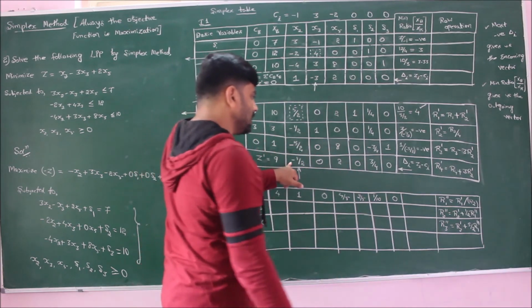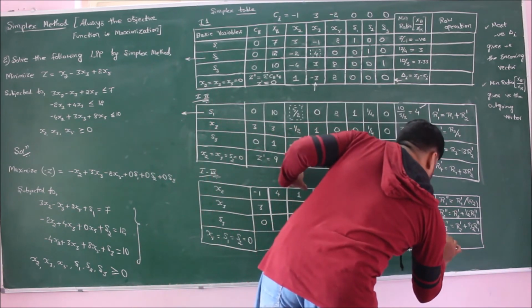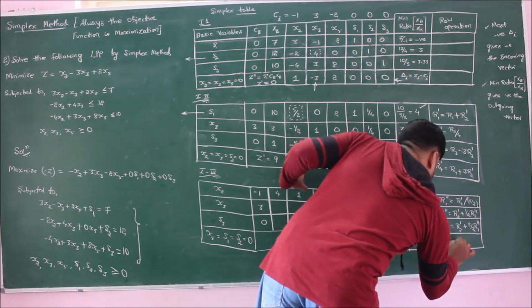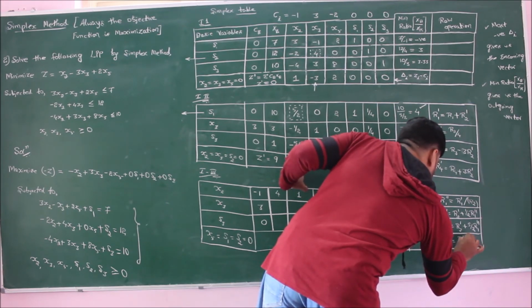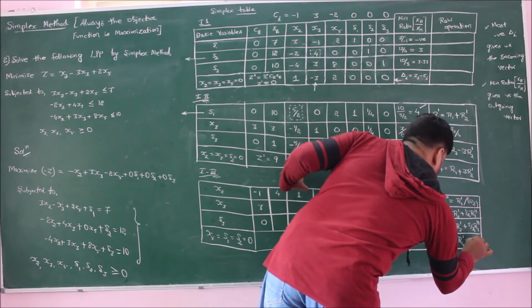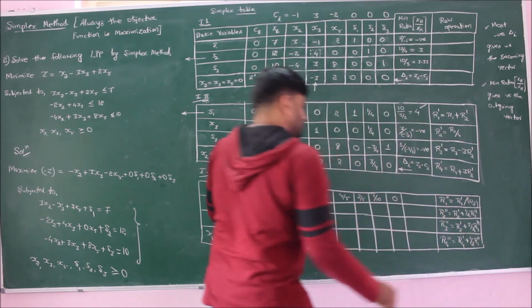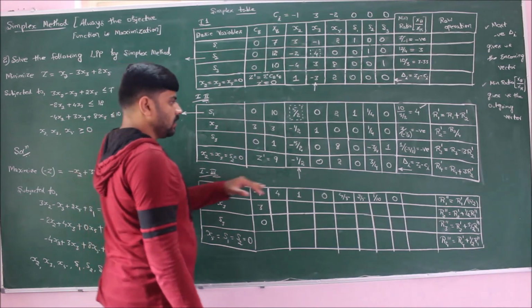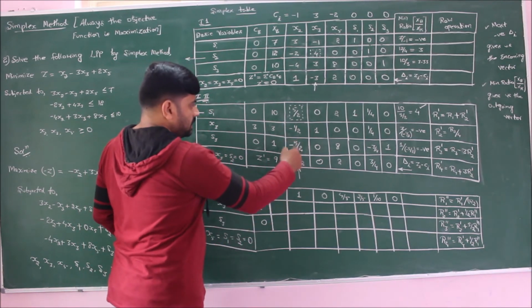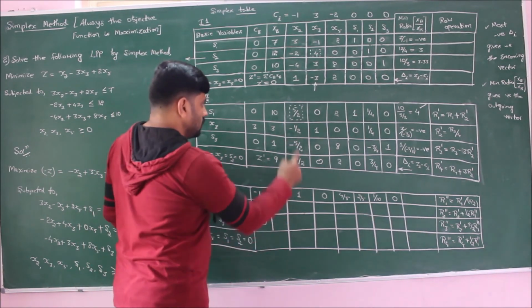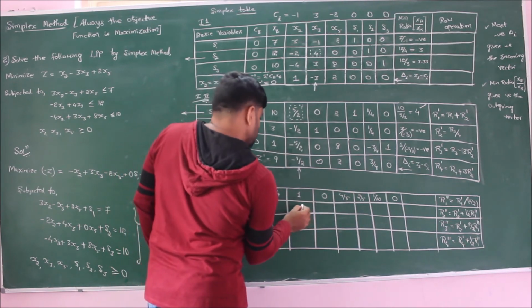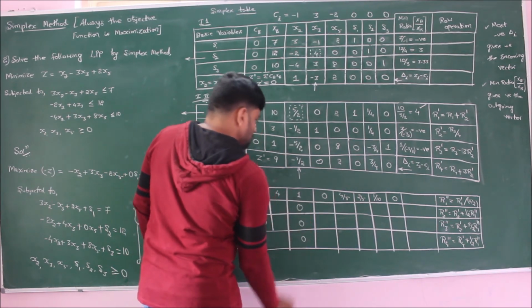Here I have -1 by 2, so therefore row 4 double dash is equal to row 4 dash plus 1 by 2 row 1 double dash. So using this key row I should make these elements as zeros, so using which I will get the element values as 0.